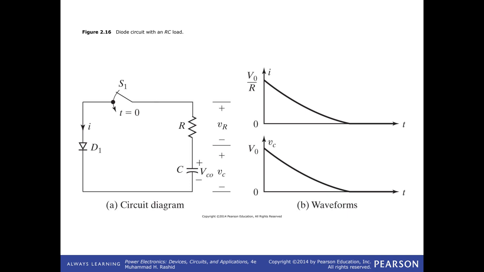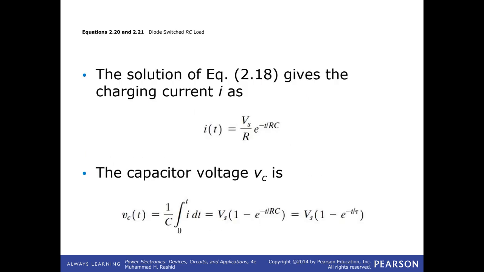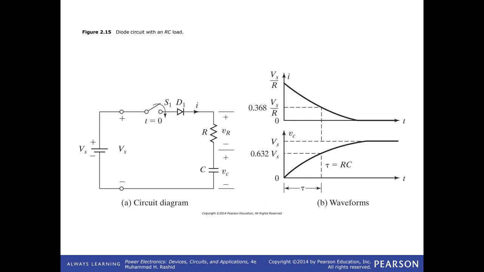If you have a network like this, that means your capacitor is charged and a diode is connected. So if you come back here, assume that a diode is connected here, in this direction.